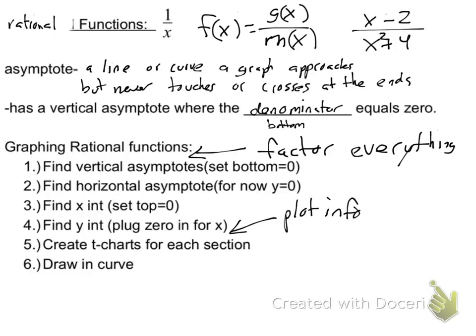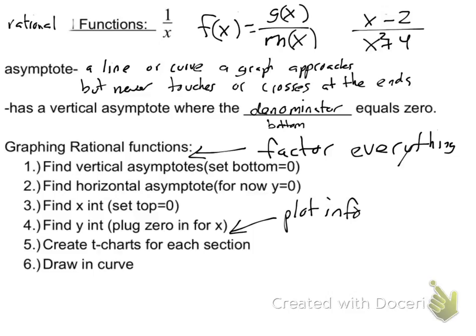Asymptotes go on as dotted lines, because it's part of the graph, but it's not really part of the graph. If we were to use a graphing utility, like a graphing calculator or Desmos, you would not see an asymptote on your graph. You would see the effects of it, but you would not see the actual asymptote. But we're going to put them on there as dotted lines to guide us.